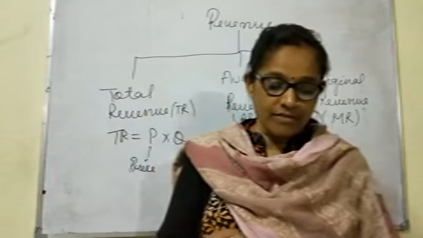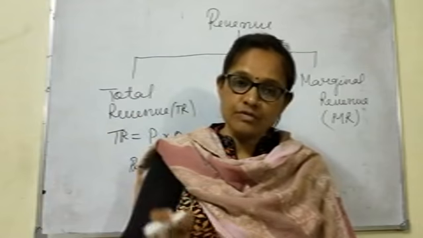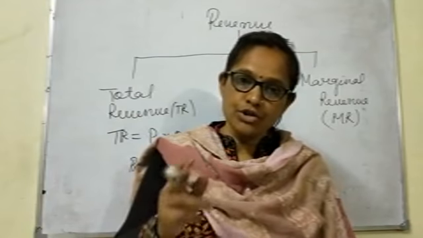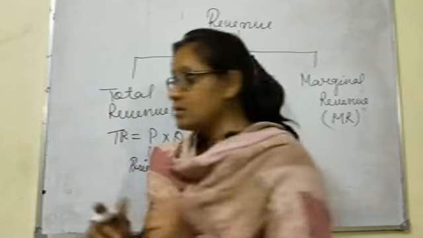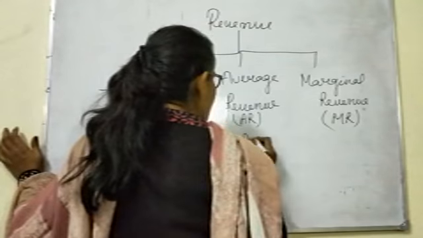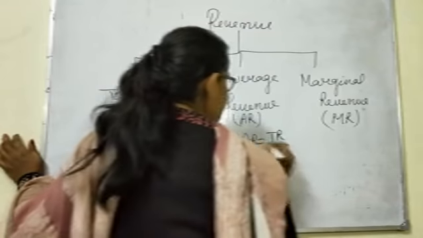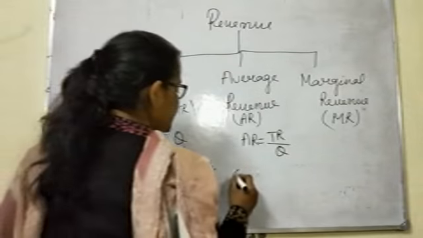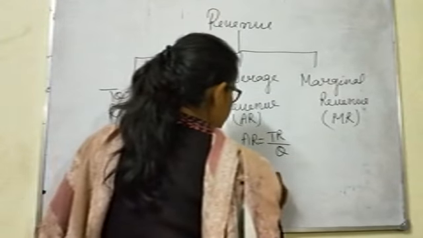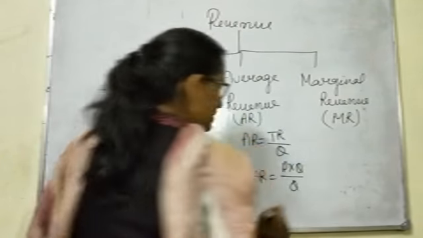What is the meaning of average revenue? Average revenue is the amount of revenue received from the sale of per unit of output. What is the formula of average revenue? Average revenue is equal to total revenue upon Q. And the total revenue formula is P into Q. So we can write AR is equal to P into Q upon Q. Can we write this?